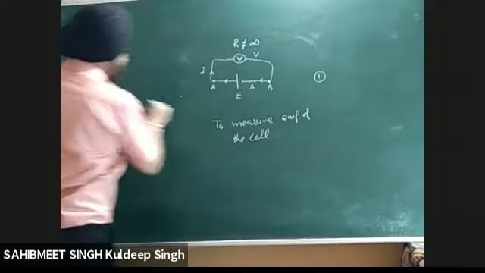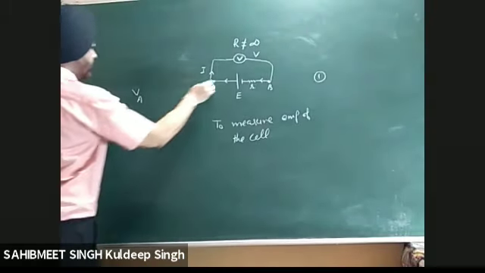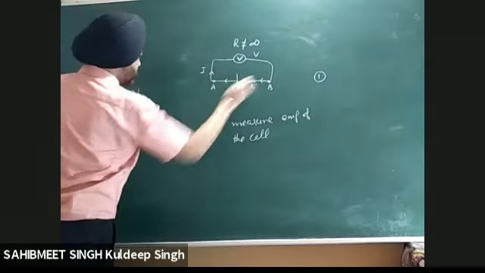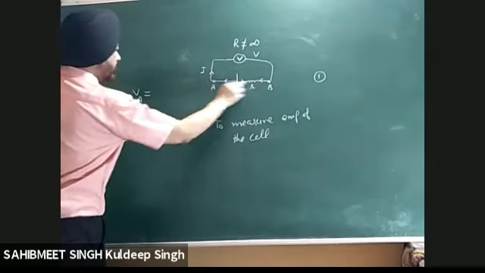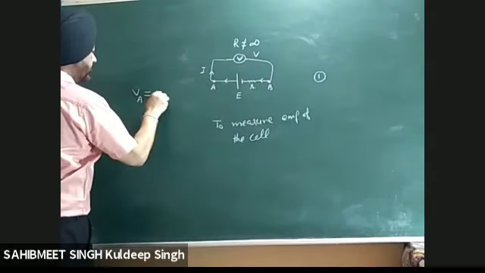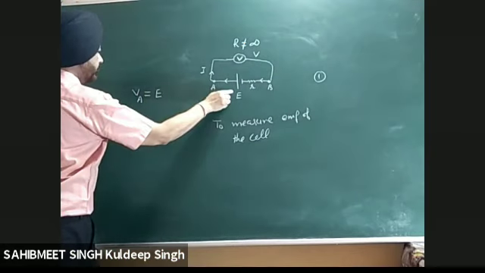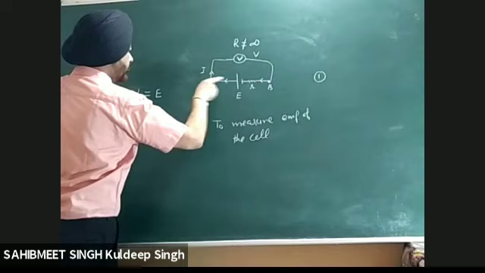If I start from point A, let the potential here be VA. I am applying Kirchhoff's law to the branch. VA equal to... Start moving this way. You get the first positive terminal, so I will write E positive. Then I get this resistance and I am going opposite to the current.